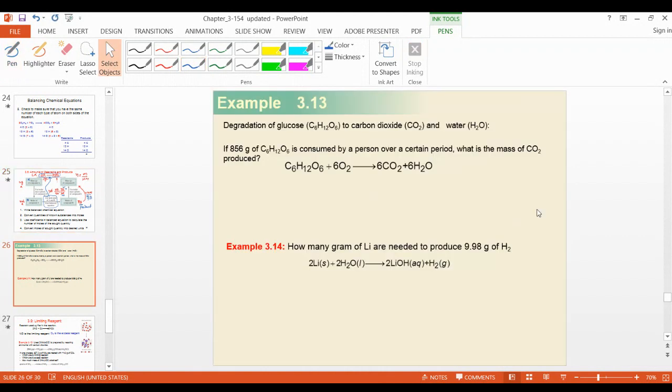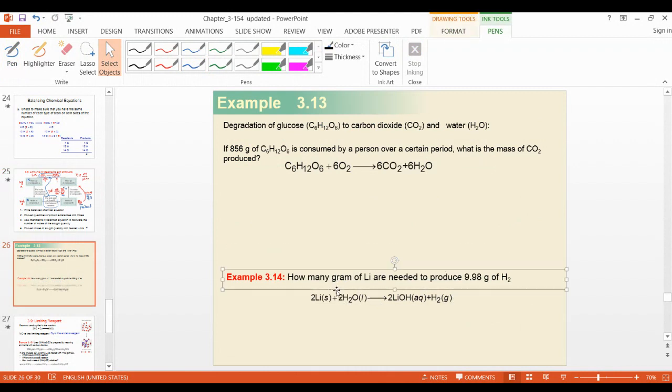All right, now I will take an example. In this example, glucose is given, and the quantity of glucose is 856 grams. It asks how much carbon dioxide is formed.